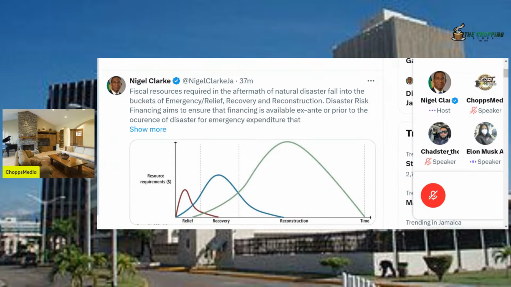Hello, Minister. Hello. I was listening from the beginning. So you did say relief, recovery, reconstruction. So we're at the relief stage now, and the recovery is going to start as of tomorrow? No, we are still in relief and recovery, right? Recovery is when you see people moving the branches from the Norman Manley Road in Western Jamaica to make it passable, or removing the trees that have fallen on the South Coast Road that has made it impossible.